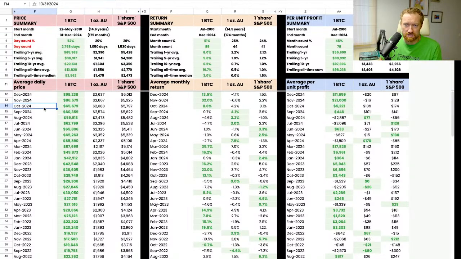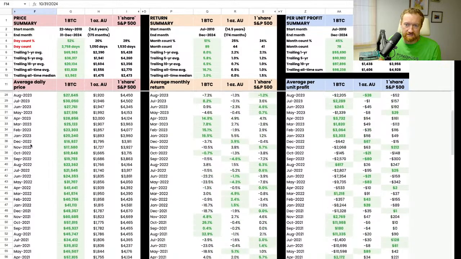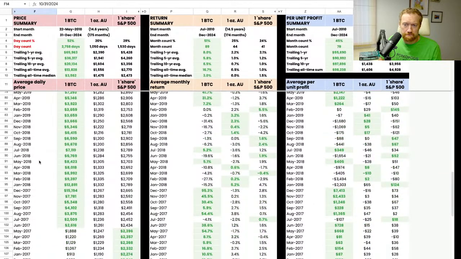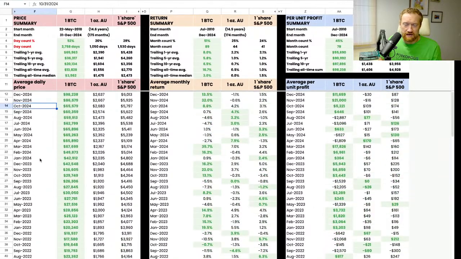But let's start down below here. What am I actually showing here? I'm actually showing average daily price. Okay, I'm summarizing it by month, but it's an average daily price during a particular month. I'm highlighting the winners here in each column. We're looking at, again, Bitcoin, gold, or the S&P.